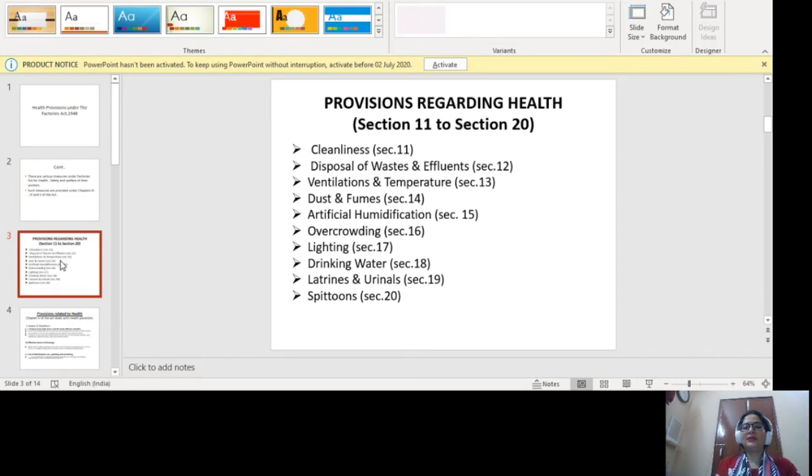Now, provisions regarding health are contained in Section 11 to Section 20 of this Factories Act 1948.